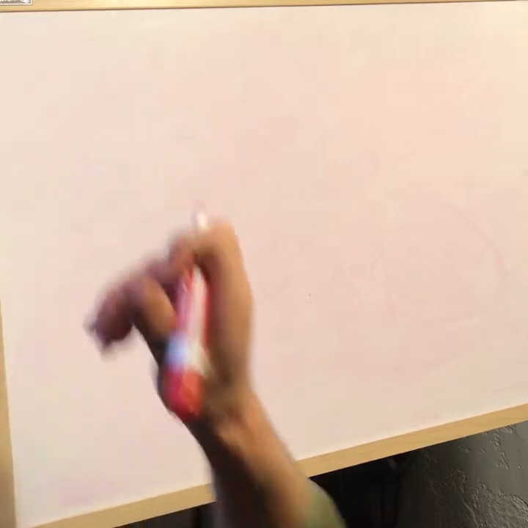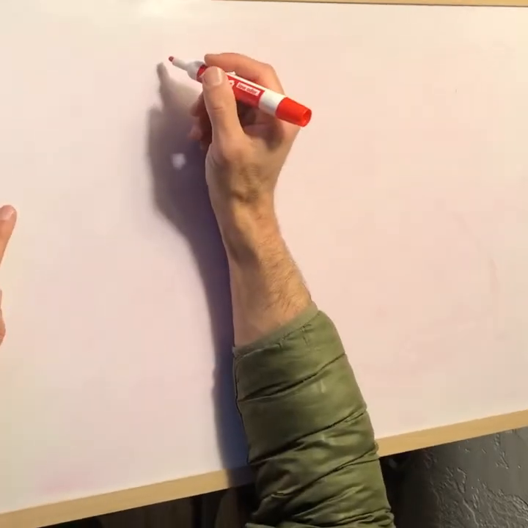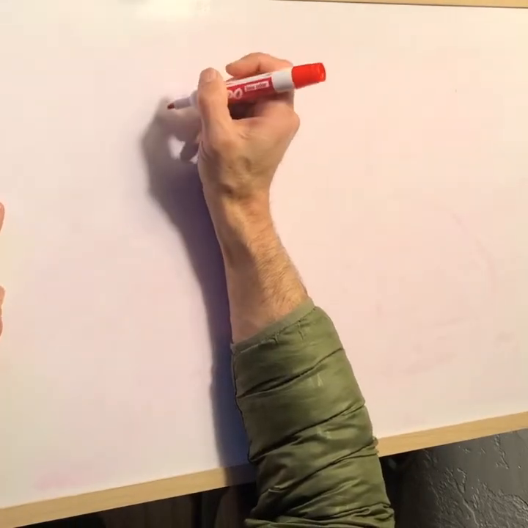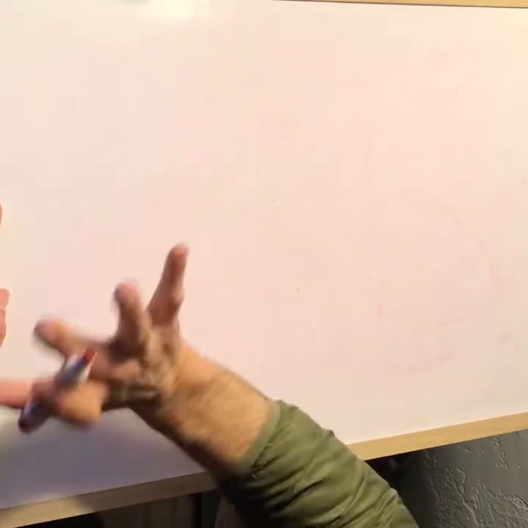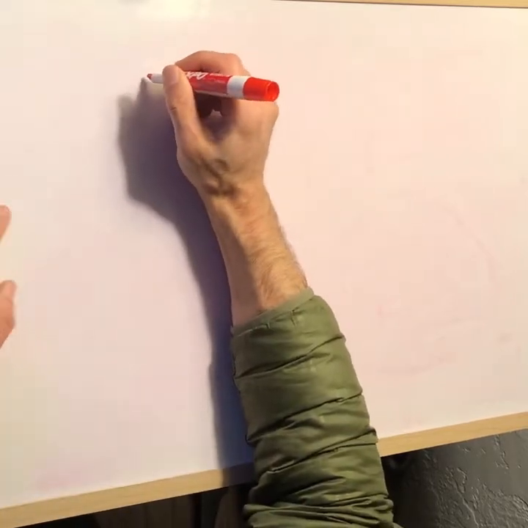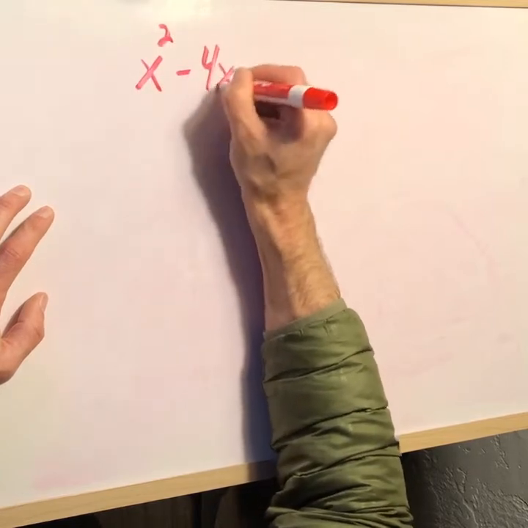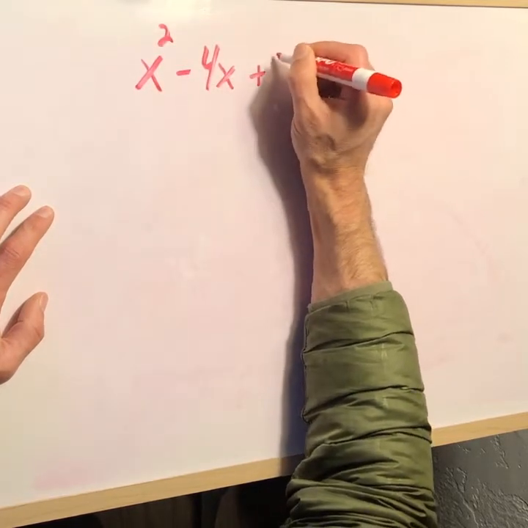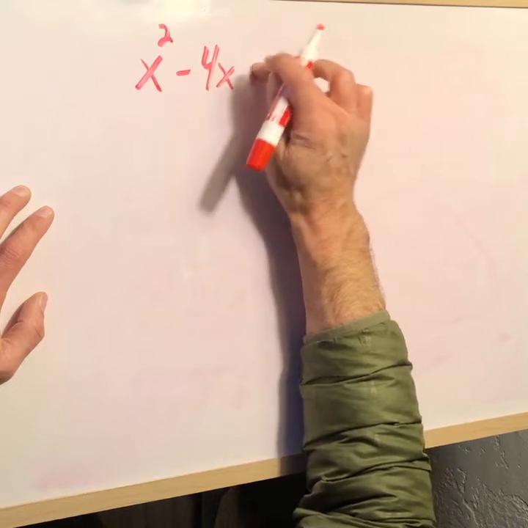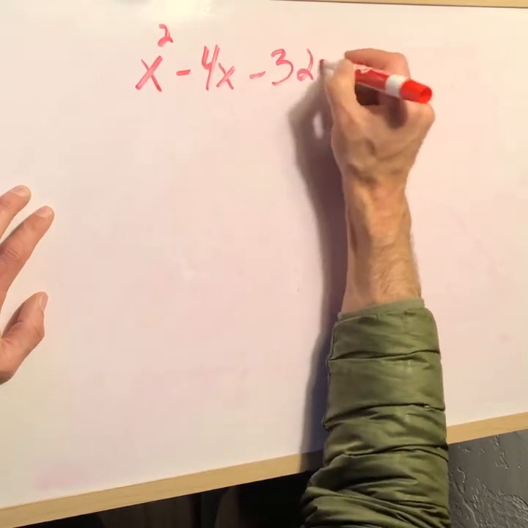So we are starting off with something called U substitution. U substitution is used to solve for x when x looks crazy. For example, let's take something like this. Let's say x squared minus 4x minus 32 equals 0.